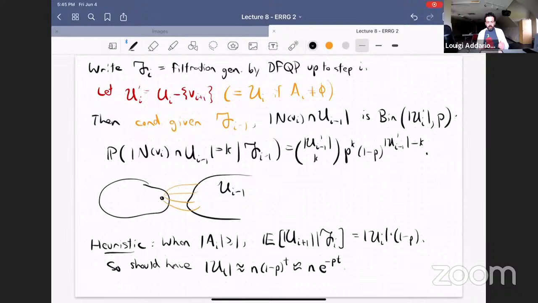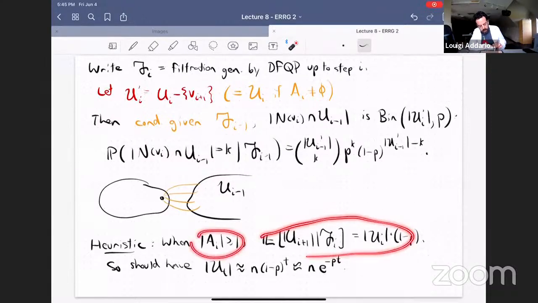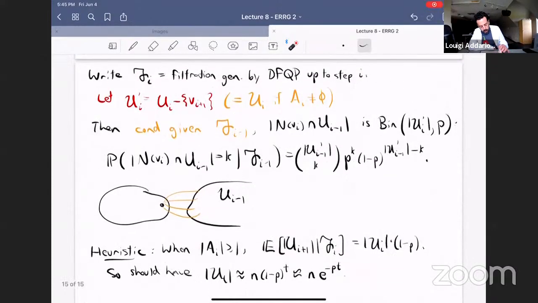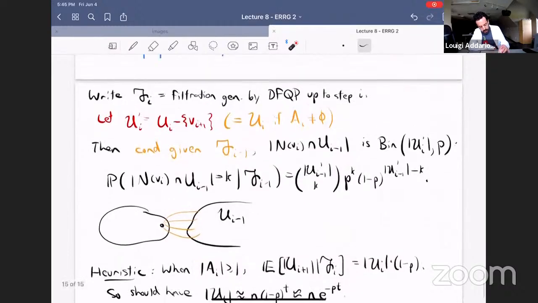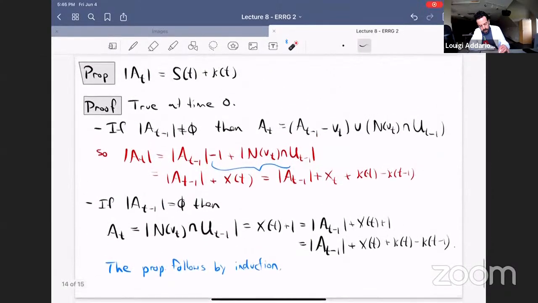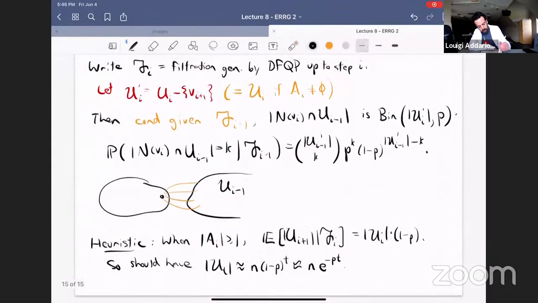Well, you might object that this heuristic only applies at times when there's an active vertex. And sometimes there's no active vertex, but let's remember, we're trying to do an analysis of a graph where p is bigger than 1 over n.